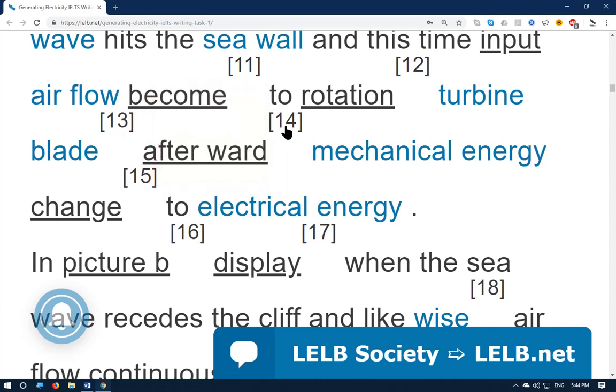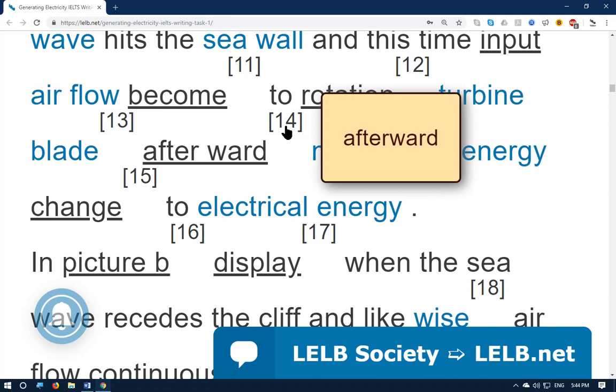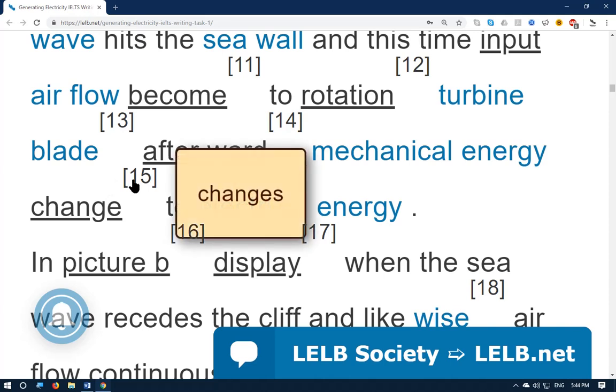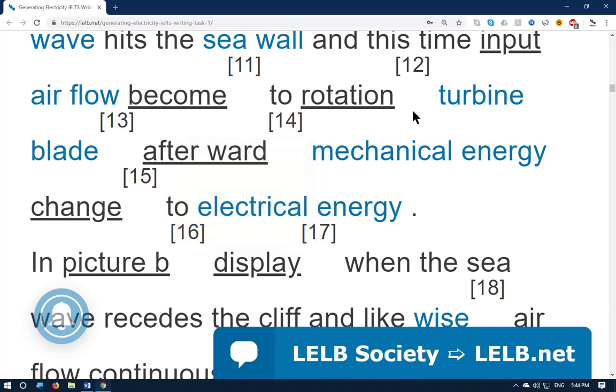Afterward, it must be afterwards. So mechanical energy changes. As I said, there are so many mistakes, but that's okay. It's the first time he is writing an essay. So afterward, mechanical energy changes to electrical energy.